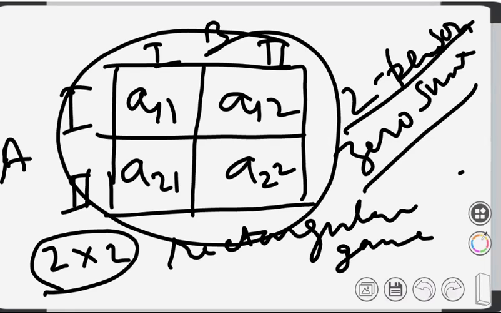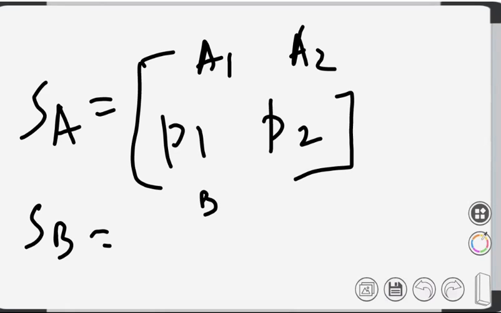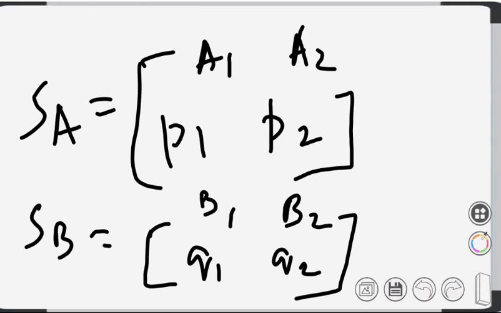The optimum mixed strategies SA equals P1, P2, and SB equals Q1, Q2, is determined by the following. I will explain.